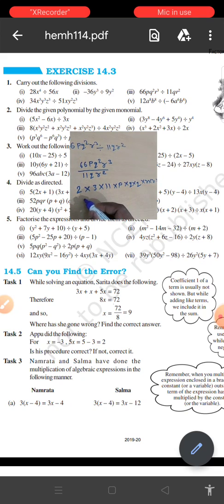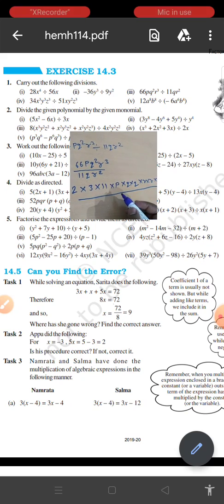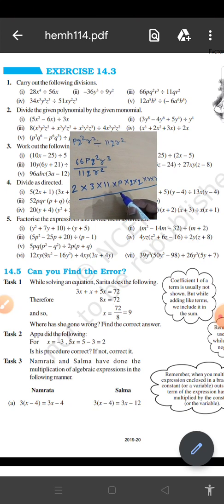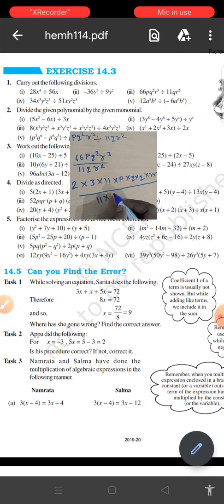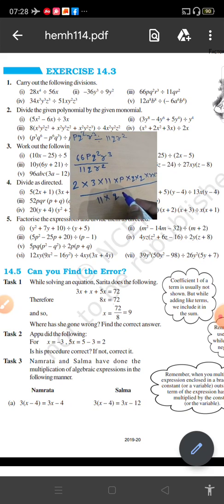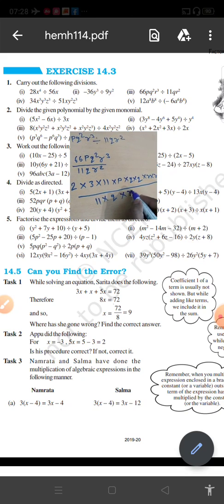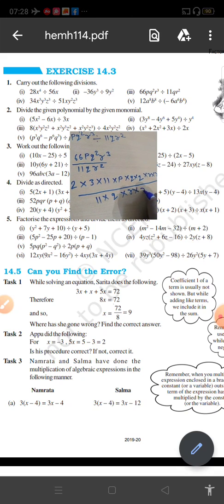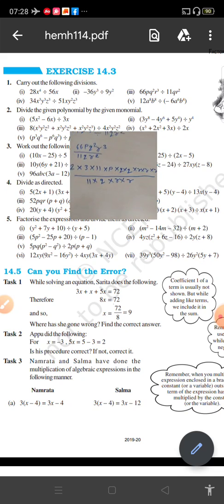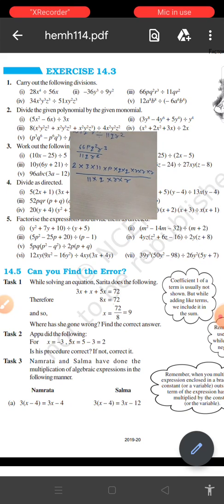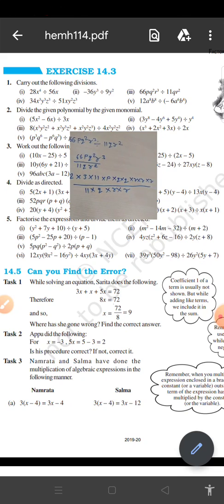Divided by 11. 11 is a prime number, so it can't reduce. So you can write it 11 into q, power 1, so we write 1 time, r power 2, so we write it 2 times, r into r. So students, you can see here, what is the common factor between them? Tell me, what is common between them?